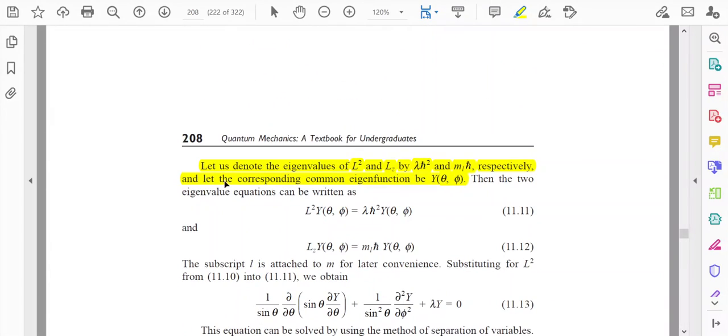Now at first we denote the eigenvalues of L square and Lz as lambda h cut square and ml h cut respectively. But you may wonder why we have assumed it this way.